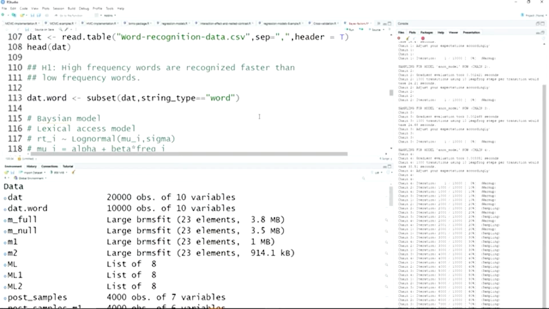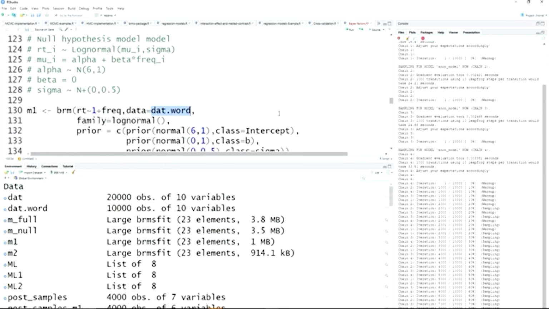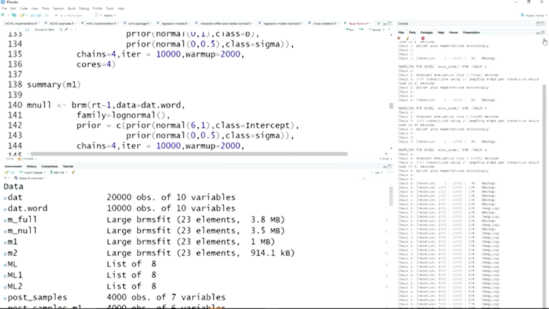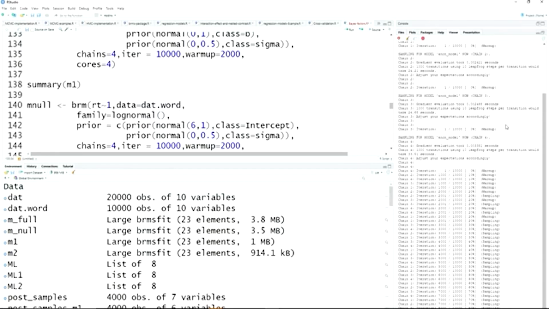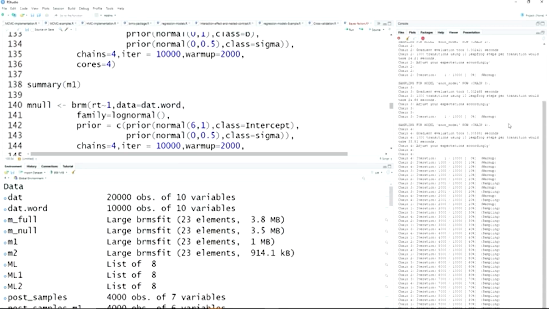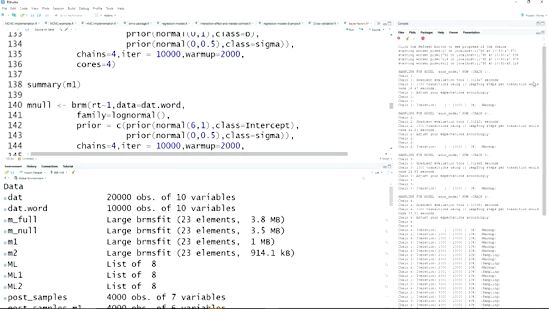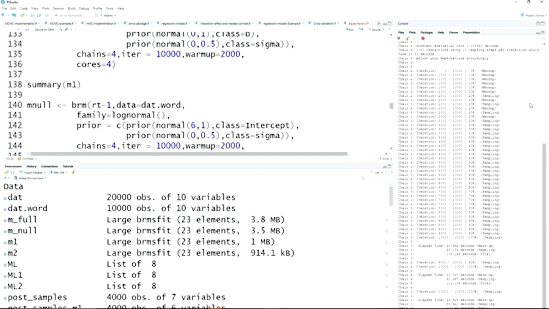But this is something you can practice yourself. It's almost done, it seems. So 80% sampling is done for a couple of chains. Now 80% sampling is done for all 4 chains. Yeah, it's done now.